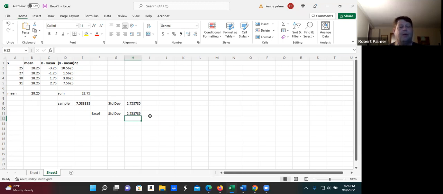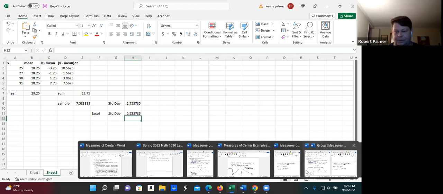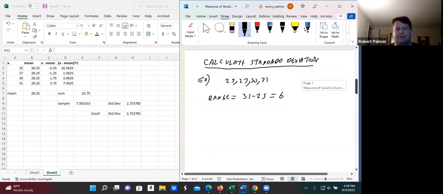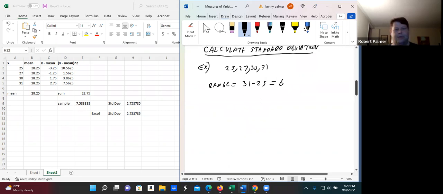Now, briefly, let's go back to our screen. Let's actually put in some of this. Once again, our sample standard deviation formula S looks like this.